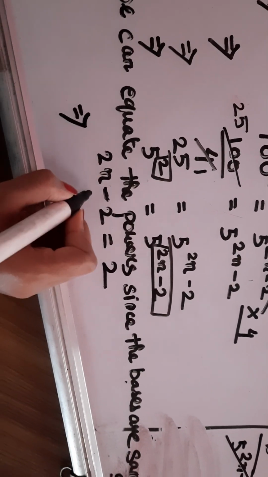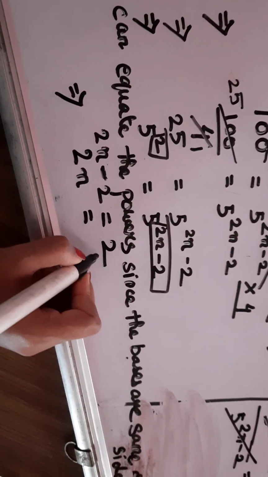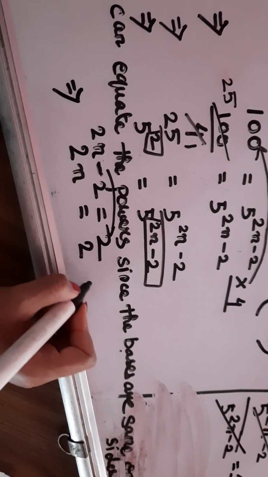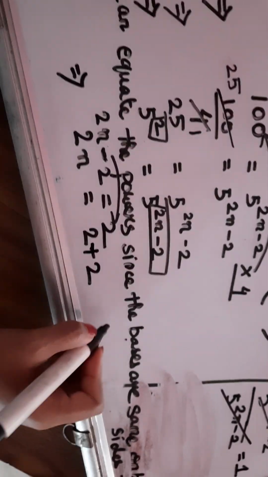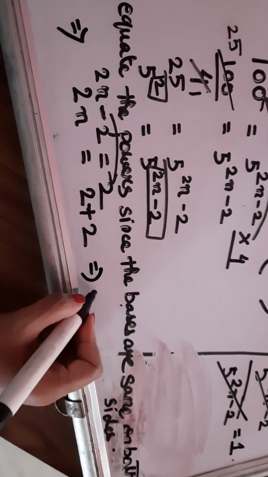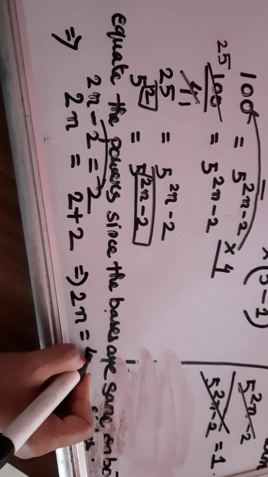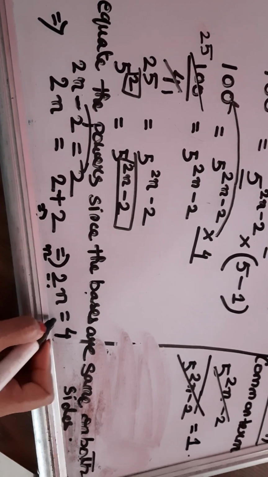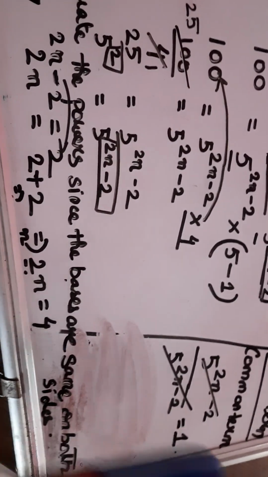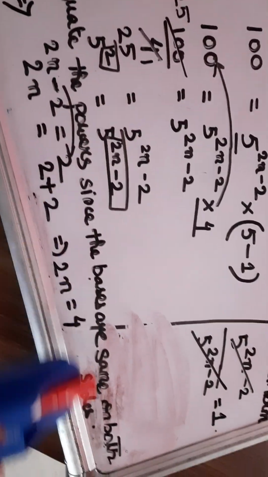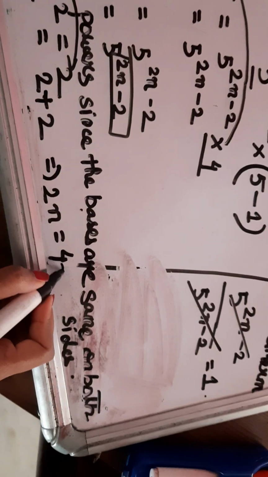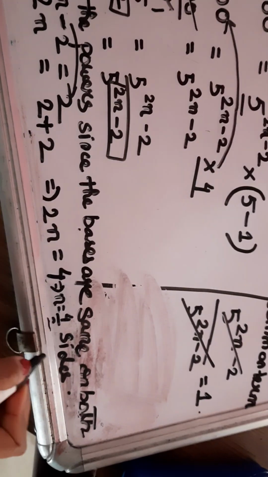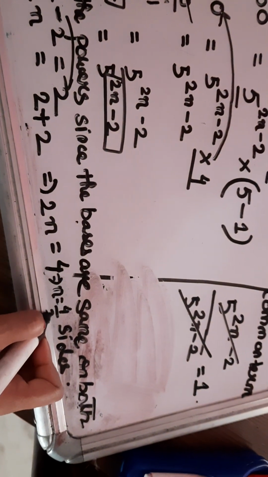Now 2n equals to, this side we will keep the 2 here. Now this minus 2 will go to that side, so it will become plus 2. So I am continuing it here in this side. So 2n equals to 2 plus 2, 4. That means n equals to 4 by 2, right? Why by 2?